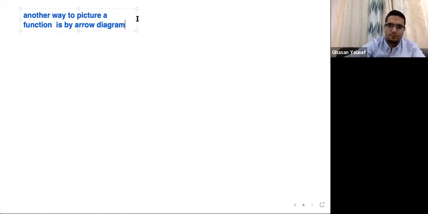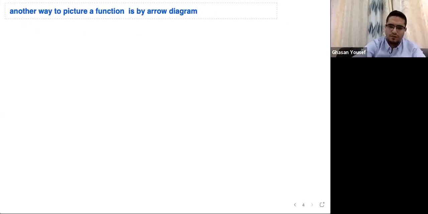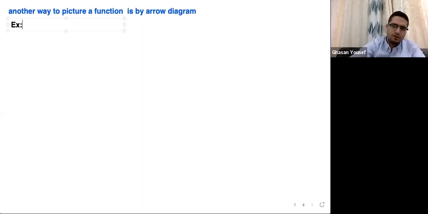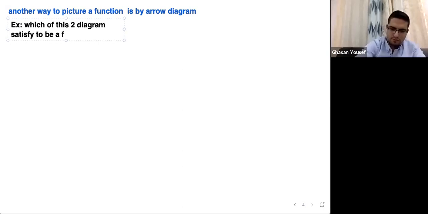So my question here, I can give an example for this. The example is: which of these two diagrams satisfy to be a function?